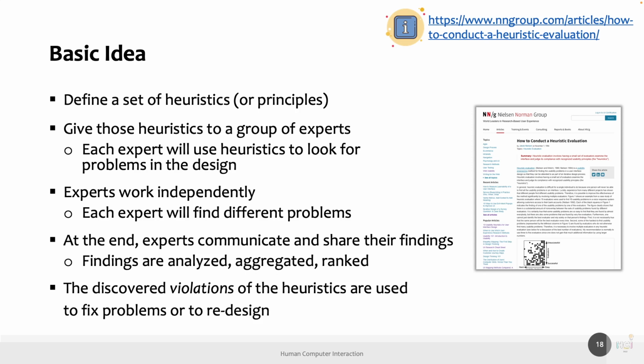Experts first work independently, so each expert will find different problems. And then at the end, there is a consensus phase in which experts share their findings and try to reach an agreement and produce a final report that is given to the design team. And this report is used by the design team, of course, to refine and improve the design.